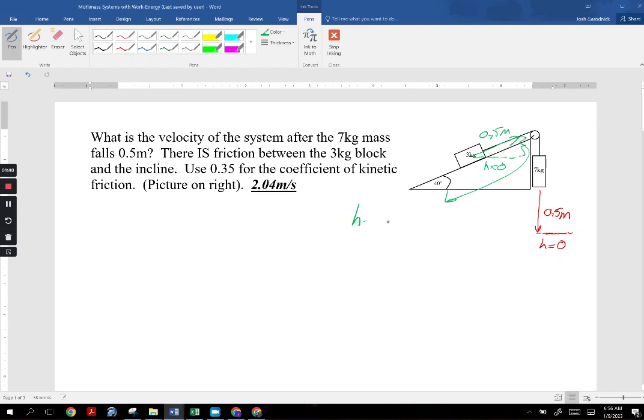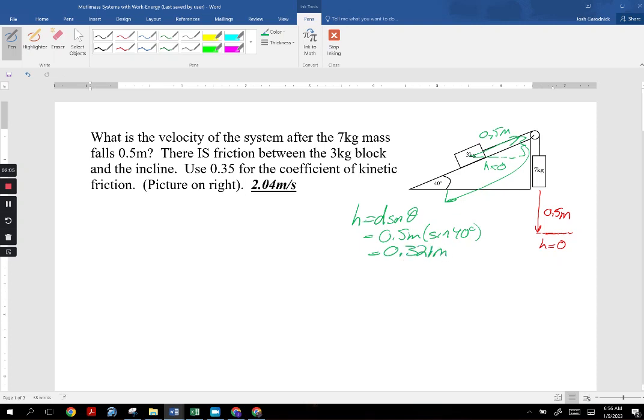Remember, h equals d sine theta, and in this case that's 0.5 meters times sine of 40 degrees. I like to do the heights right away. So, 0.321 meters. That's it.